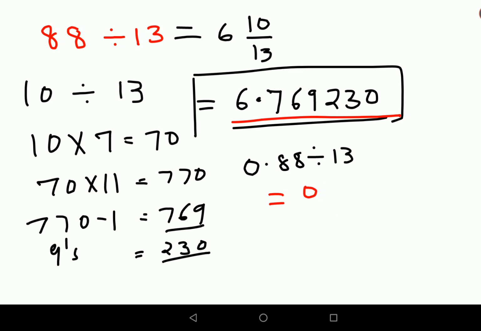So this would now be 0.06769230. Please understand that would be the way of solving for decimals. All these tricks I'm showing are used for numbers only, but when you have a decimal point you just adjust the decimal point according to the one given in your question.